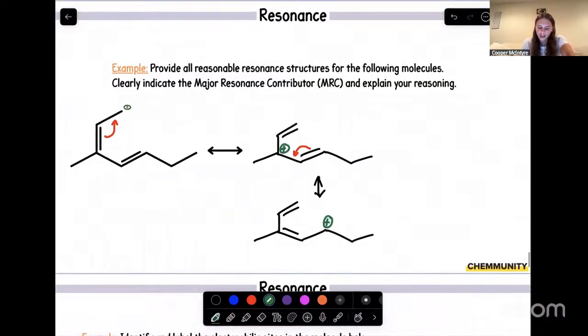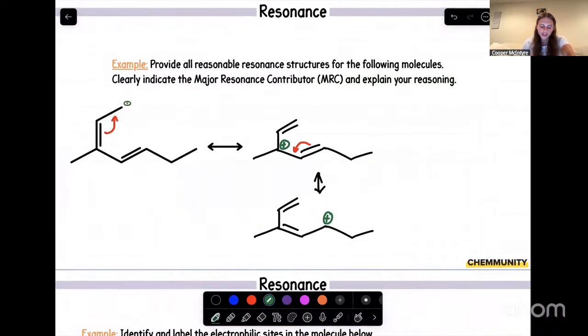Sweet. Now, in terms of finding the major resonance contributor, this one might seem a little tricky at first, only because each individual resonance form still has a carbocation. And how do we know factors of stability with carbocations? It all comes back to hyperconjugation, if we remember what that is from OChem 1. Basically, as a brief overview, hyperconjugation is looking at how many sigma bonds, more specifically alkyl groups, are surrounding that carbocation to help donate electron density.